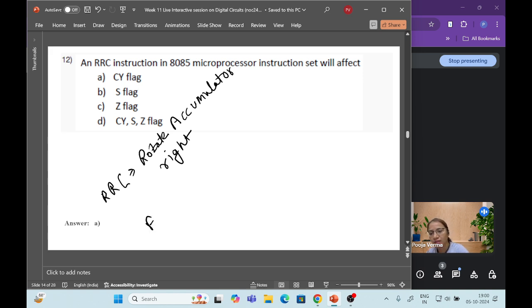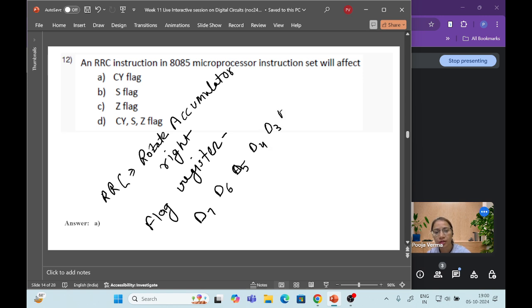Flag register. What are the values in the flag register? We already know the different bits in the flag register are D7, D6, D5, D4, D3, D2, D1, D0. The MSB, D7, is the sign flag. Next one is the zero flag. Next is nothing here, and next one is auxiliary carry.